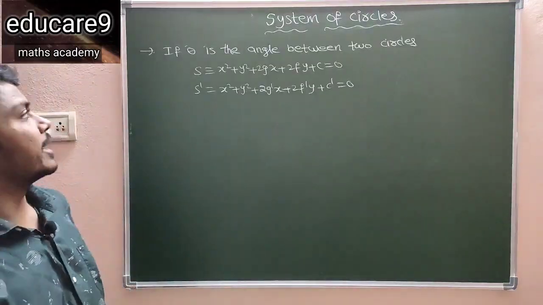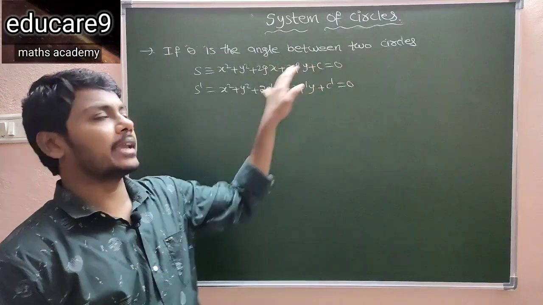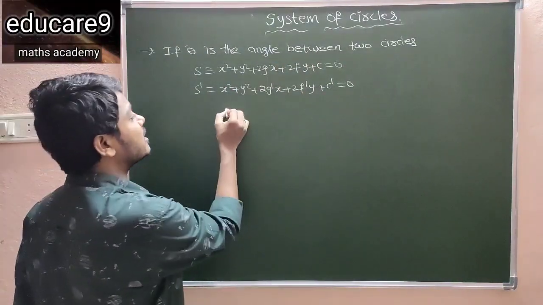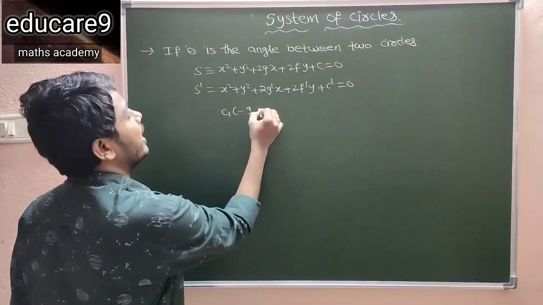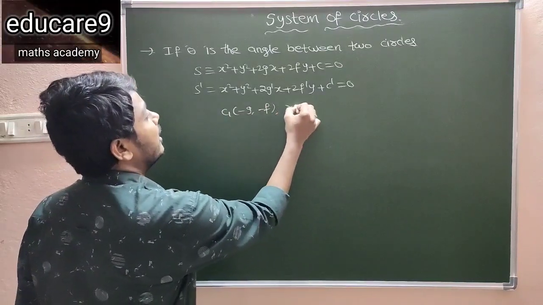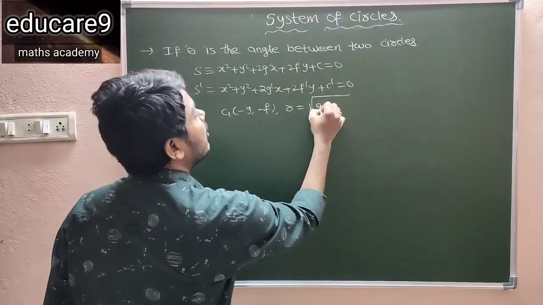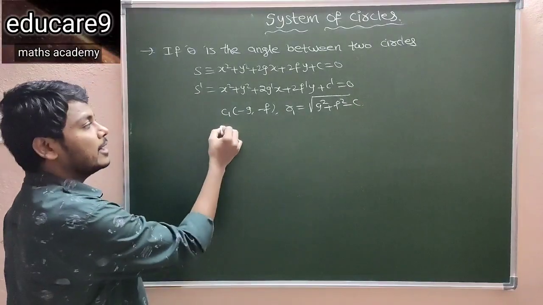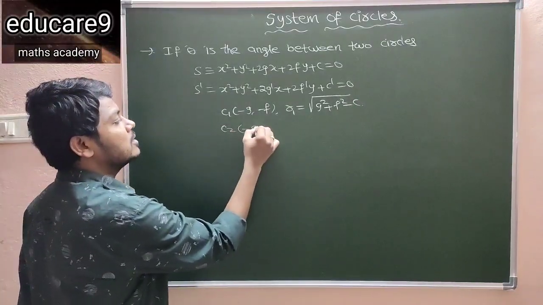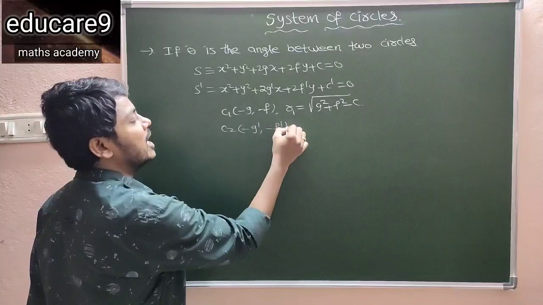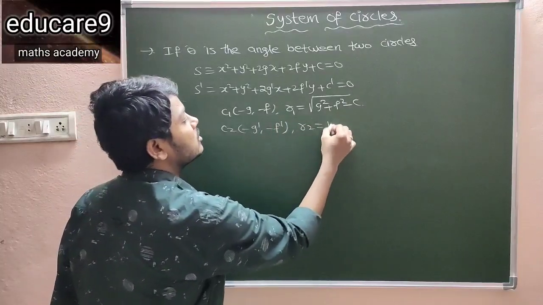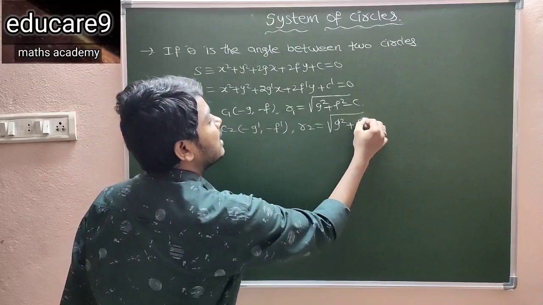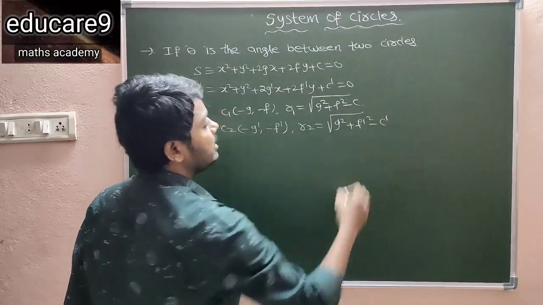Okay. So see here, next one, if theta is the angle between two circles S equals 0 and S dash equals 0, you know that the center of the first circle is minus g comma minus f, and r1 is the square root of g square plus f square minus c, and the center of the second circle is minus g dash comma minus f dash, and r2 is the square root of g dash square plus f dash square minus c dash.